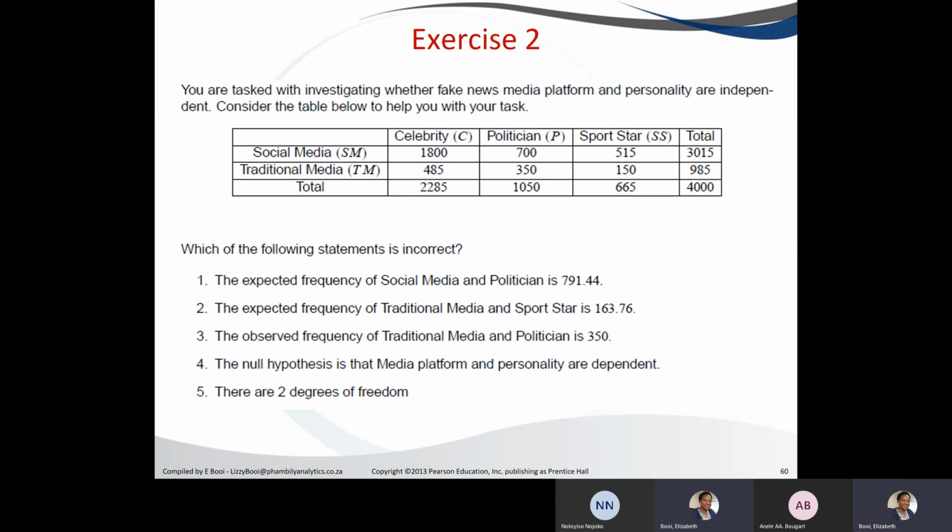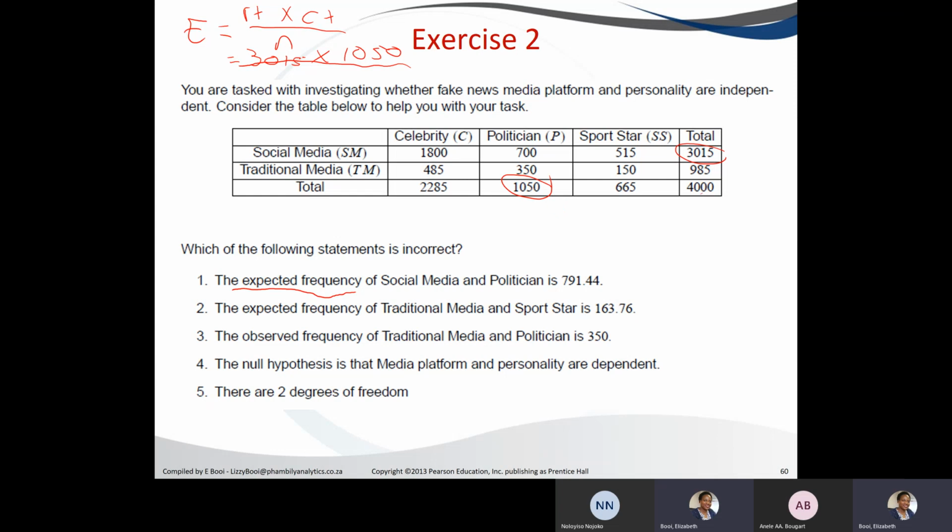So they already calculated the totals here, so it makes it easy. They say the expected frequencies, we're looking for the incorrect one. The expected frequency of social media and politician is that. So remember, expected frequency, the row total, multiply by column total, divide by n. Our row total for social media is 3015 times our column total for politician is 1050.